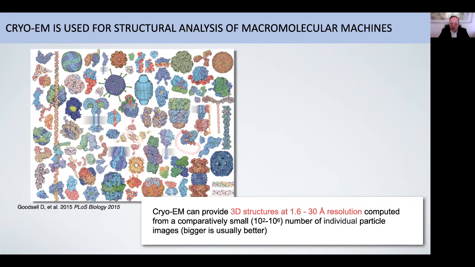So in essence, CryoEM can provide three-dimensional structures at near atomic to intermediate and low resolution, and these structures are computed from a relatively small number of images of individual particles. Contrary to what is typical for other structural biology techniques, the larger the complex, typically the better CryoEM works.